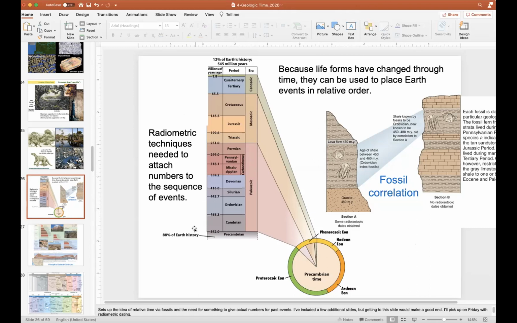We didn't know the numbers. We couldn't attach an age, like 66 million years, until we got radiometric dating, until we got that really sensitive equipment, the mass spectrometers. Mass spectrometers use the mass of the isotope.